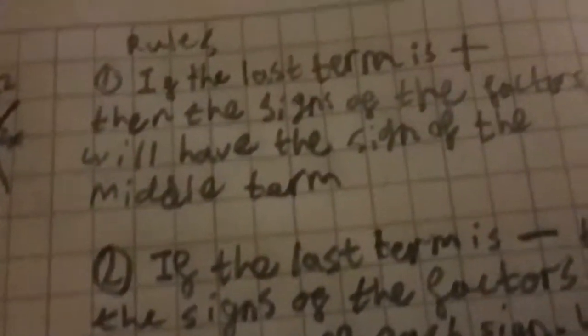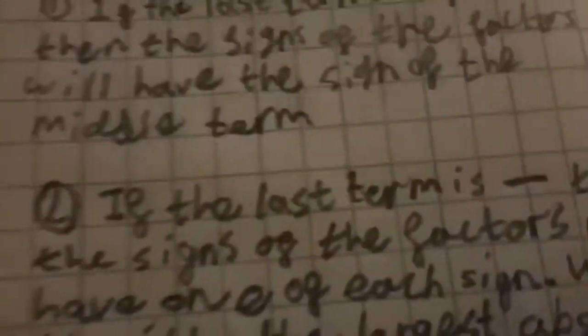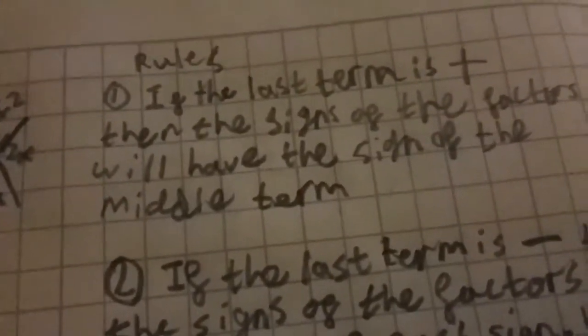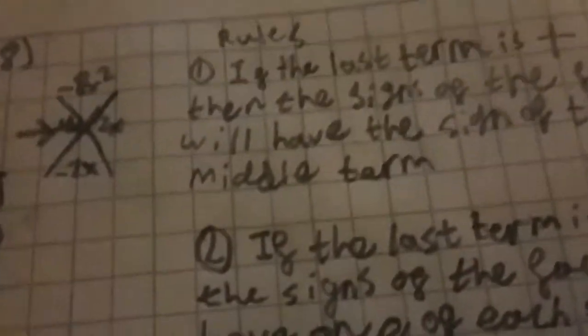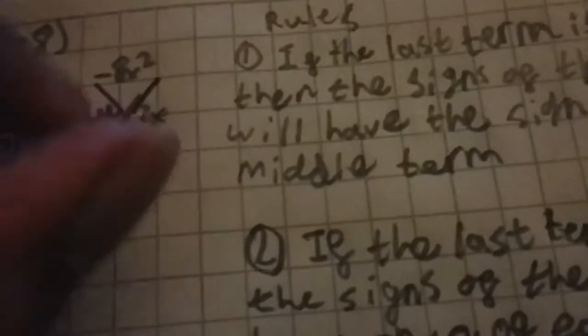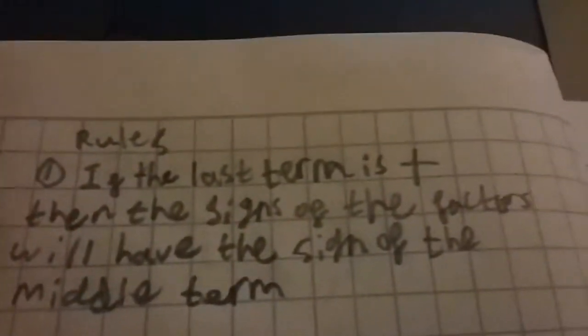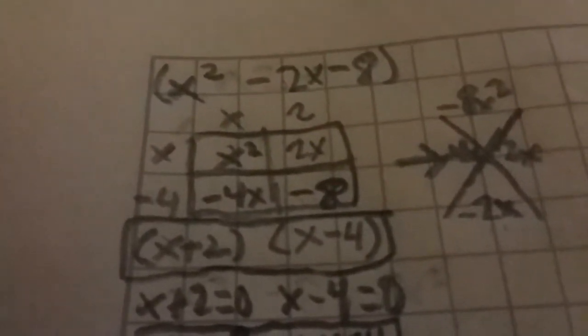Basically, if the last term is like, let's say, plus 50 trillion, and the middle term is minus 1,000, then both of these factors will have a negative sign. But this thing right here is not a positive sign. That's a negative sign. So let's go to rule 2.